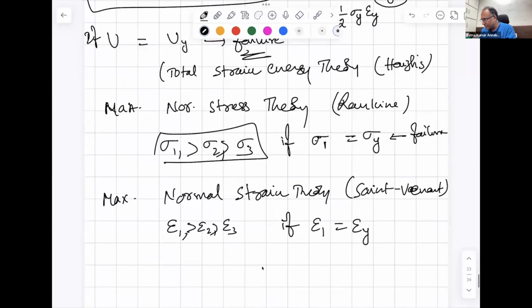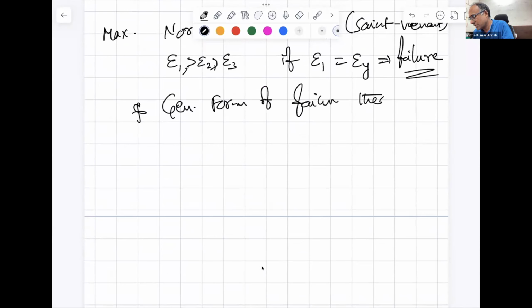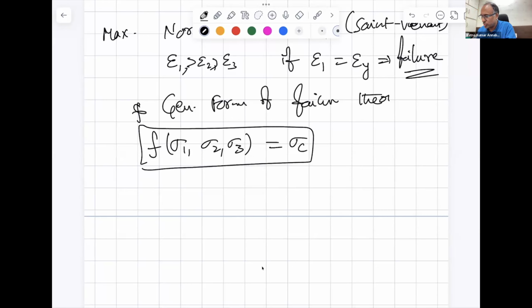Then that implies failure. So if you remember, I said my general form of a failure theory is a function of sigma 1, sigma 2, sigma 3, I can always write it in terms of principal stresses, equal to sigma c. That is how my failure theory should look.